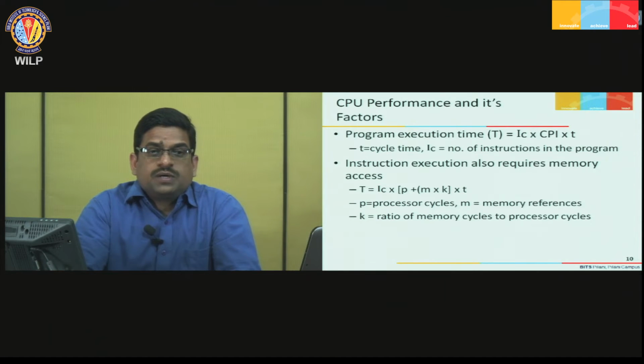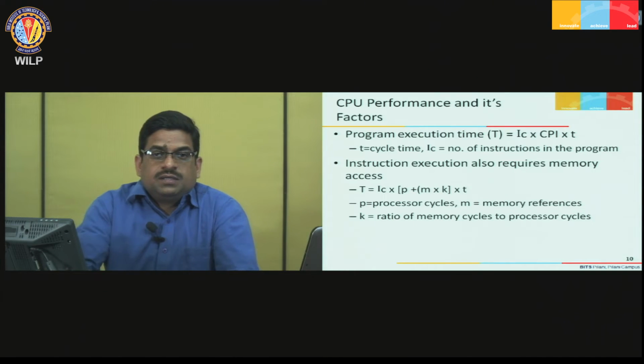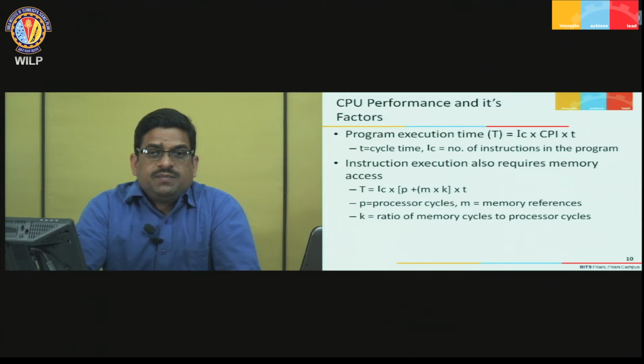So, if I want to consider the memory access in the total execution time, then the total execution time equation will be modified to IC multiplied by (P plus M cross K) into T. Here P is the processor cycles, meaning the operations done inside the processor, M is the memory references, and K is the ratio of memory cycles to processor cycles.